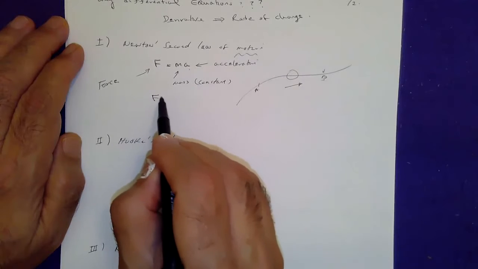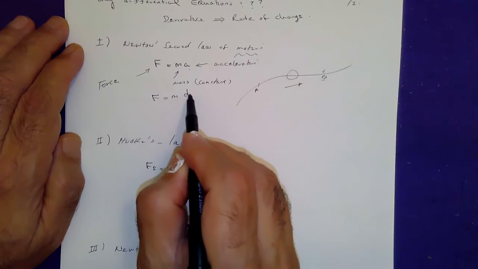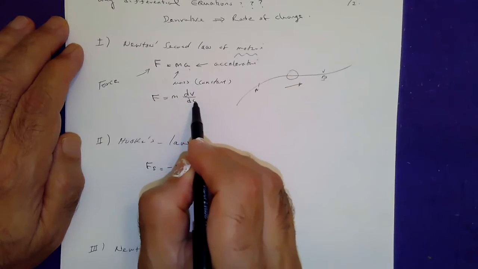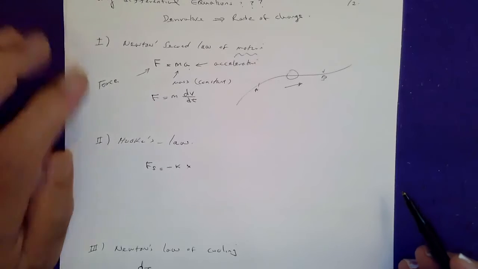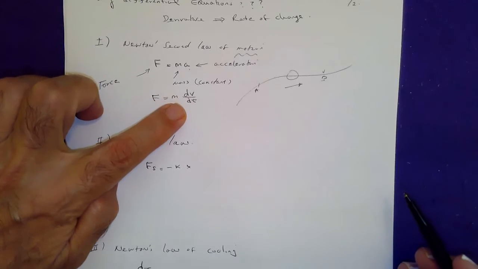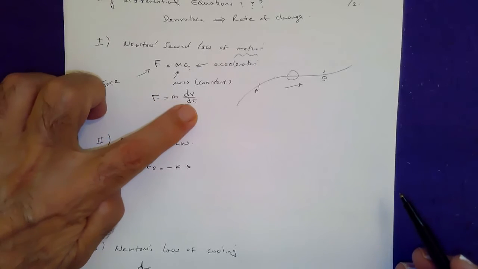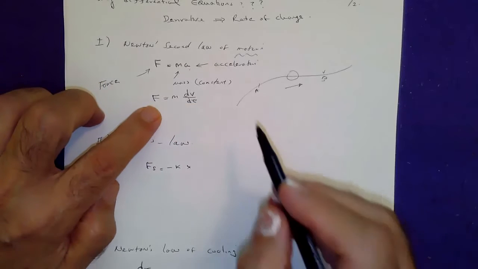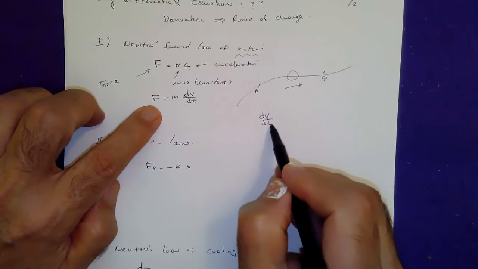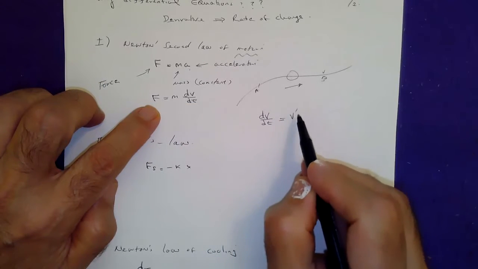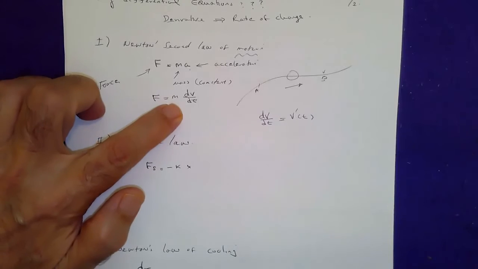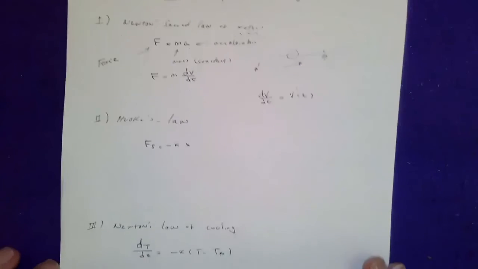However, acceleration is the same as the derivative of the velocity with respect to time. There it is. So as you can tell, we have a differential equation because dv dt is the same as v prime of t. So that's a differential equation right there.